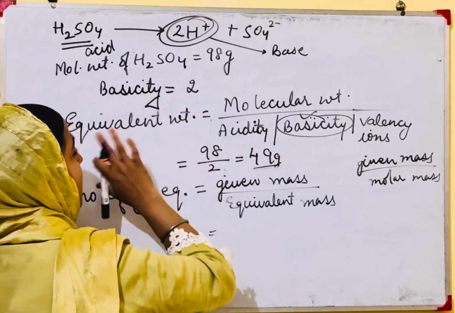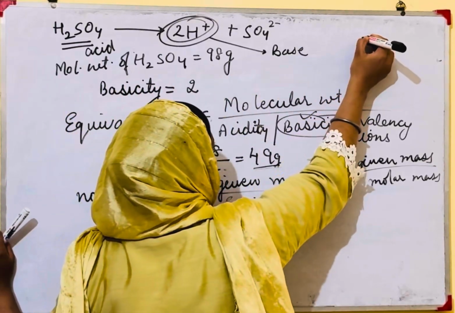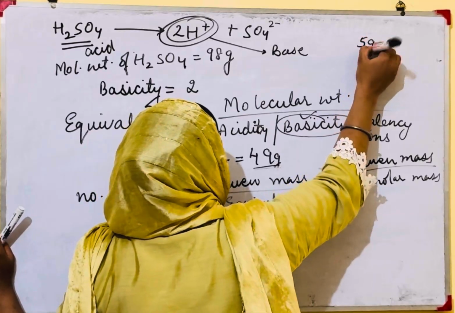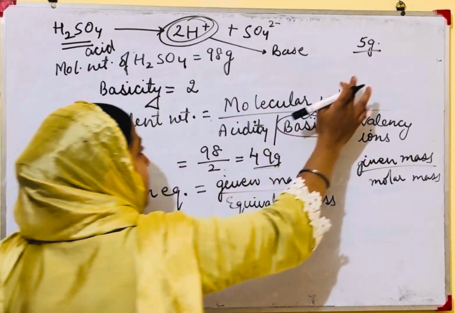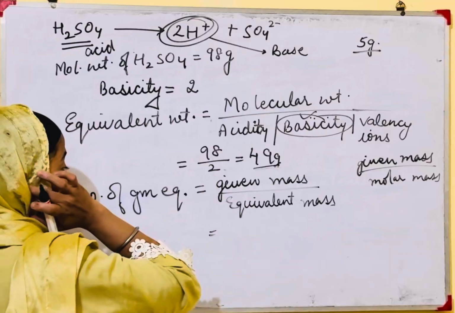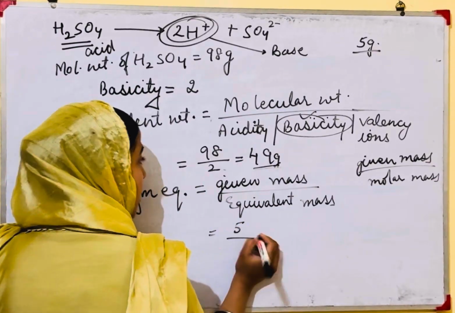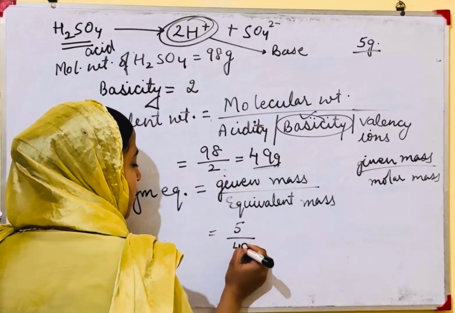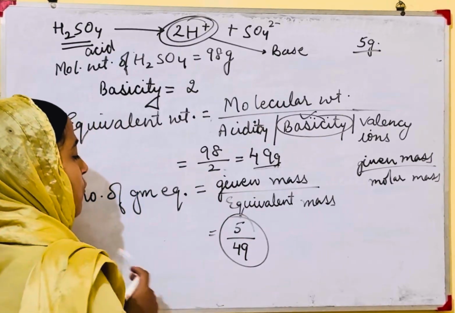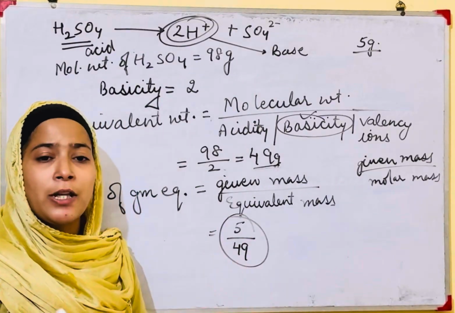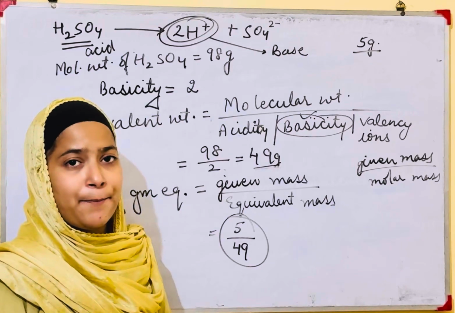If in a question the mass of H2SO4 is given as 5 gram, then given mass is 5. Equivalent mass is 49. So these are the number of gram equivalents which we put in the formula of normality.